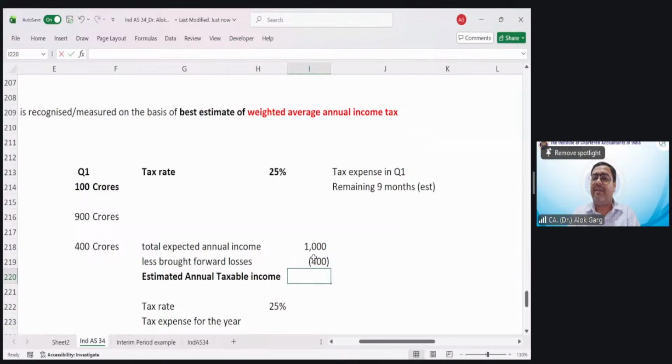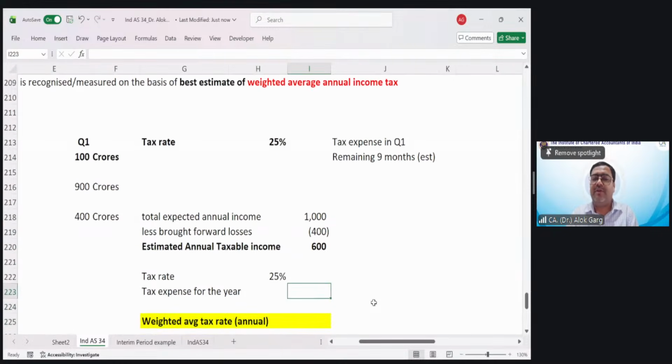If I earn 1000 and 400 crore is my brought forward loss, my estimated annual taxable income is 600 crores. My tax rate is 25%. So Manoj, Saminathan, Ravinder, how much tax will I pay in the full year? 150 crore. This tax is 150 crore, right?